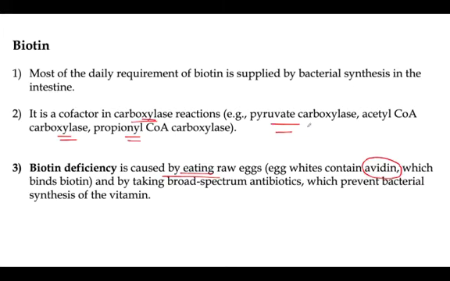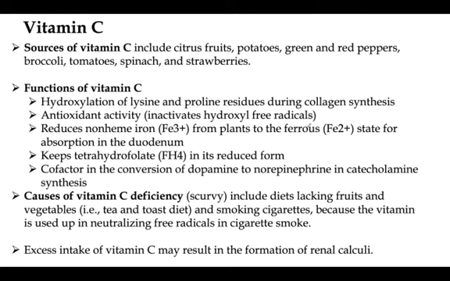Since avidin is a protein, if it is heated up, it is denatured and therefore the binding of avidin to biotin doesn't take place. Also, biotin is synthesized by our intestinal flora. So, if a person is on broad spectrum antibiotics, the synthesis of biotin inside the body is attenuated.